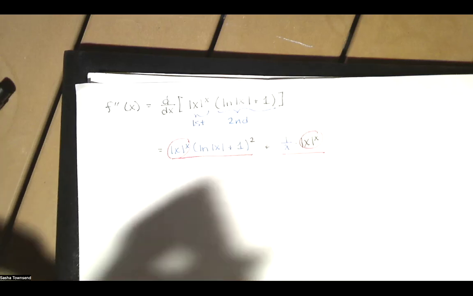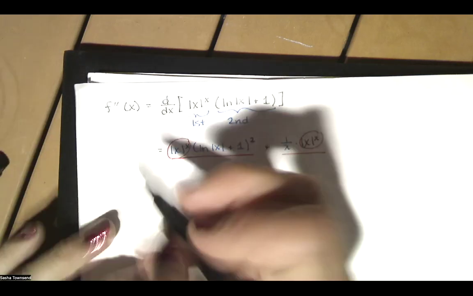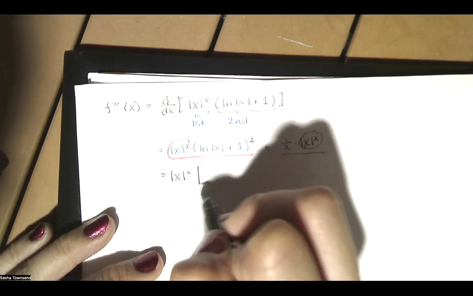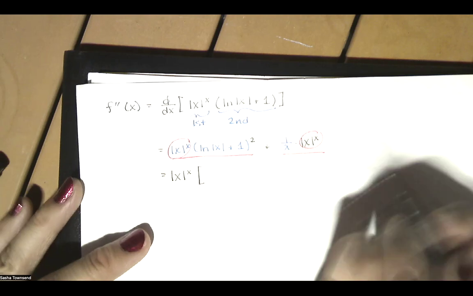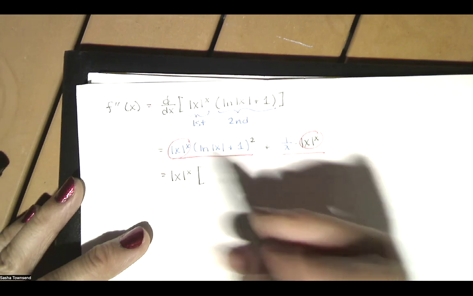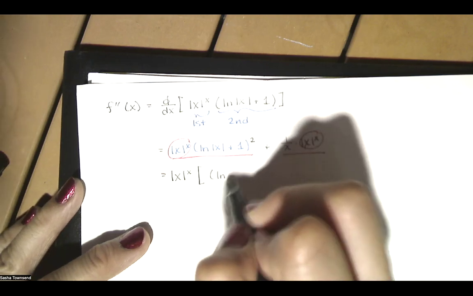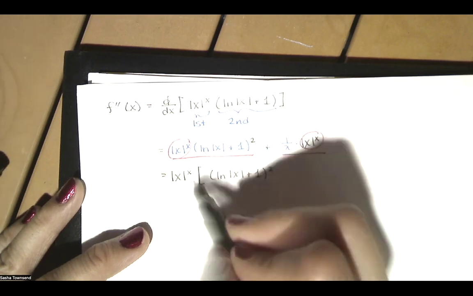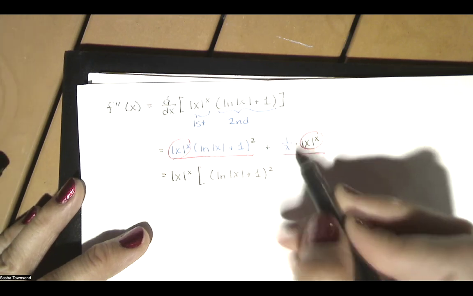So let's factor that out. And then we say to ourselves, this times what will give us this expression? Well, it's just that natural log of the absolute value of x plus 1 quantity squared. And then we say this times what will give us this expression? Well, it's just the 1 over x, right?